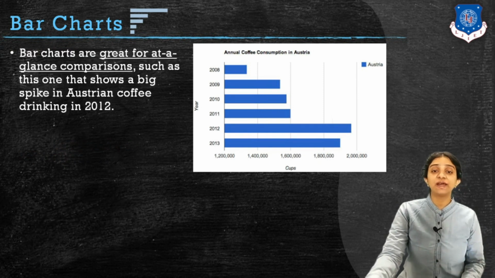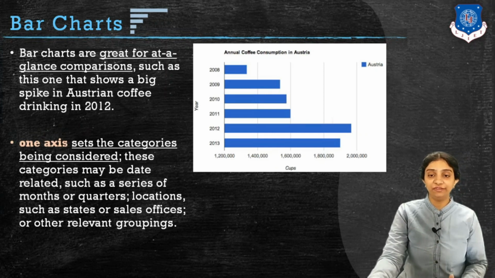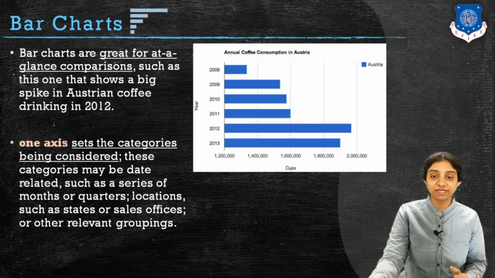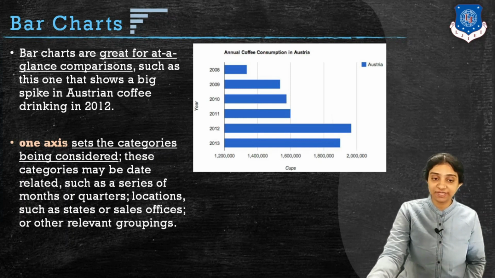These bar charts are very great for at a glance comparison. One axis sets the categories. Your y-axis is showing a category, that is, the years 2008 to 2013.